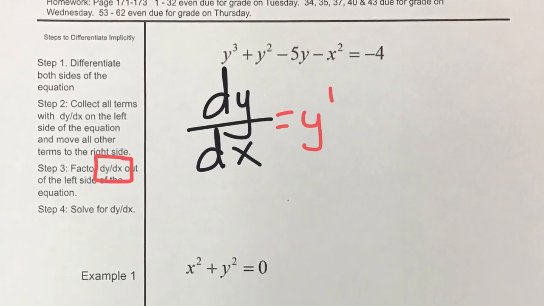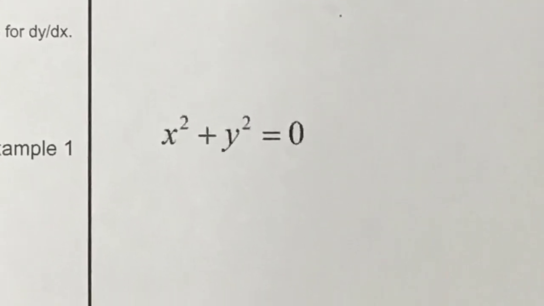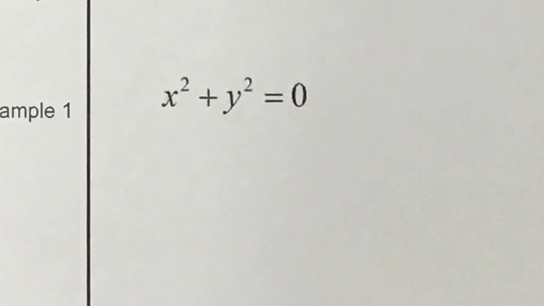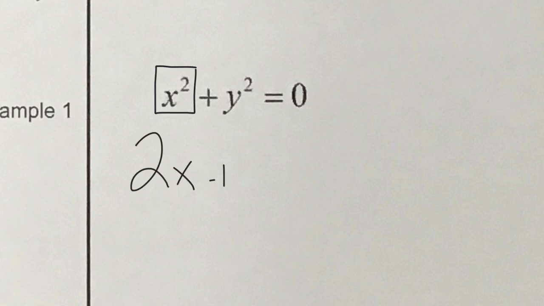Okay, so let's just jump right in here and see how this works. We're going to take the derivative of this equation, x squared plus y squared equals 0, with respect to x. So what is the derivative of x squared? Well, that's just 2x. That one's pretty good.